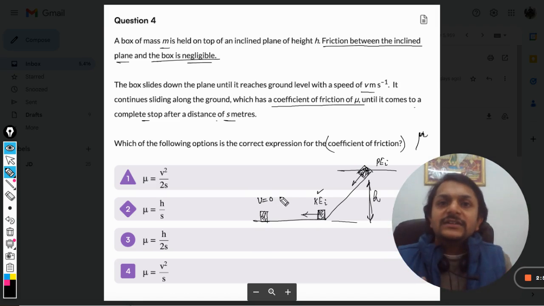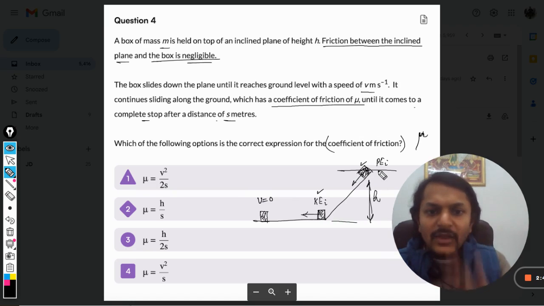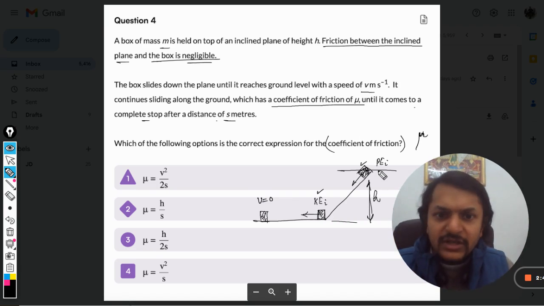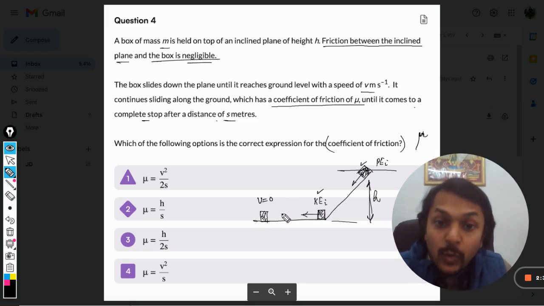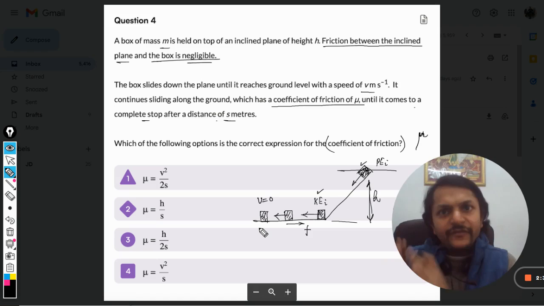So where does the energy go? This potential energy was converted into kinetic energy cent percent, no doubt about it. And then this kinetic energy was lost due to the friction. So what is actually happening when the box was moving here? You see, the friction was acting backwards, but the motion was going in the forward direction.